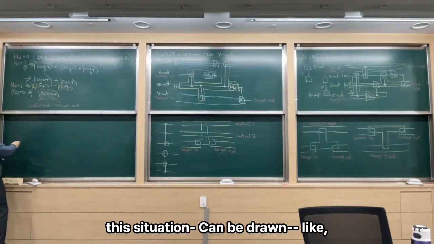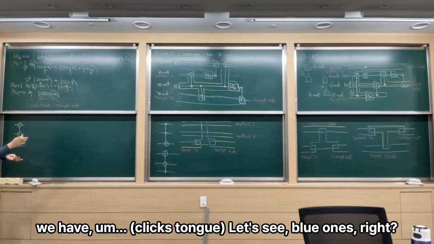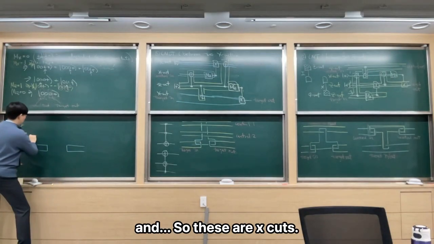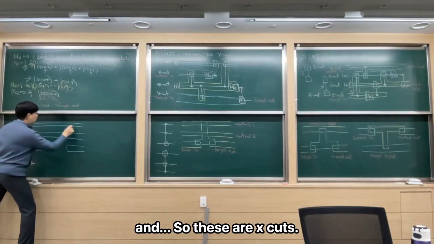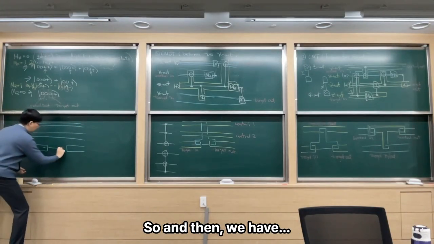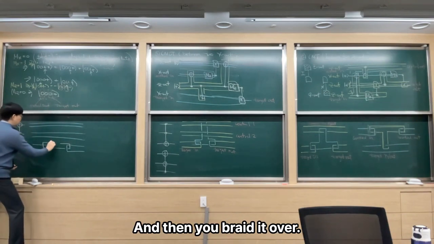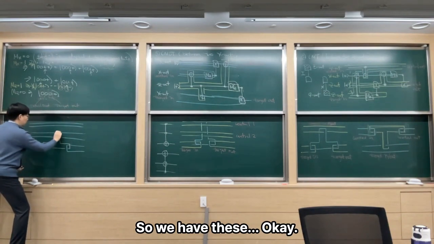This situation can be drawn like we have, let's see, blue ones. We have a blue one, and these are X cuts. And then we braid it over. So we have these braidings.